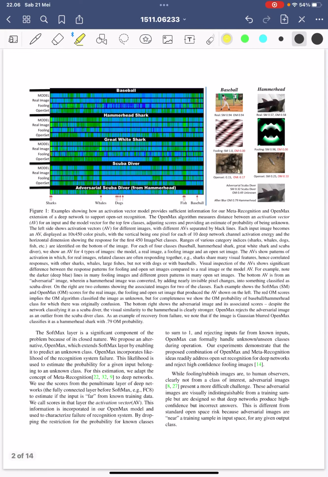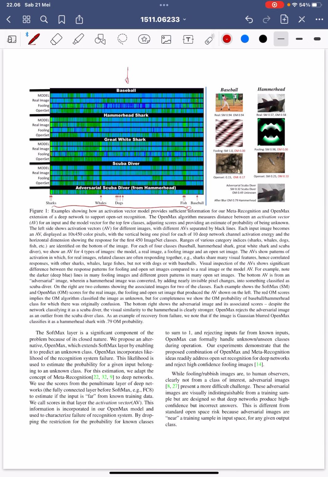Before we go there, there is a nice figure about what's happening in OpenMax. As you can see, the x-axis shows classes in ImageNet. Let's pay attention to the baseball class.